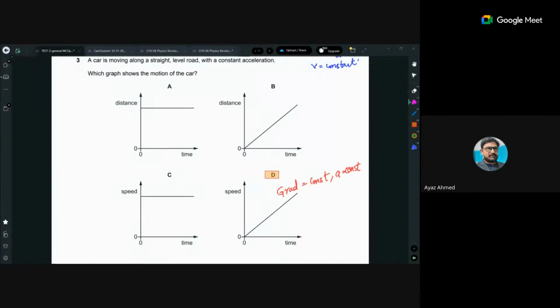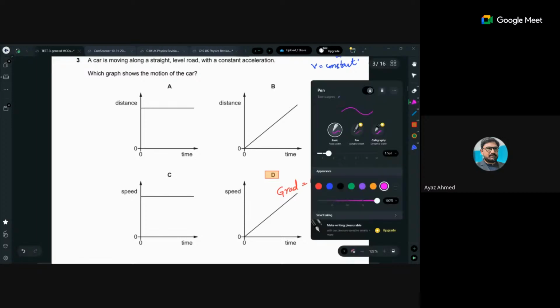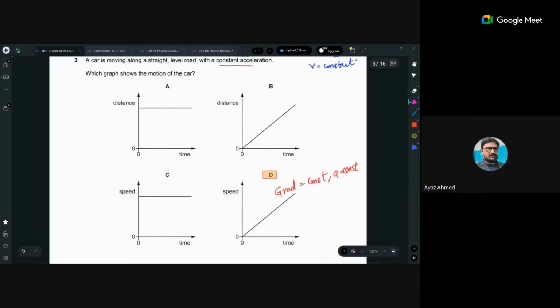Then a car is moving on a straight road with constant acceleration. Yes, the important point was that the car is moving with constant acceleration here. So which graph would tell us the behavior of the car, that constant acceleration is there? These are the distance-time graphs, and these are the speed-time graphs. Remember one thing: if the distance-time graph is a straight line, it will never give you the acceleration, right?